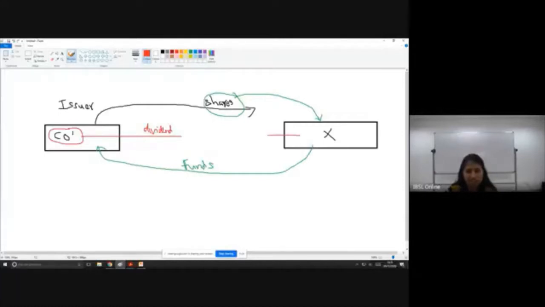What is their right? Their right is the right to this particular company's future profit. So they have the right on the profit in the form of future dividends. I hope it's clear for you. It works for a share, and even on a deposit angle, I explained it to you.